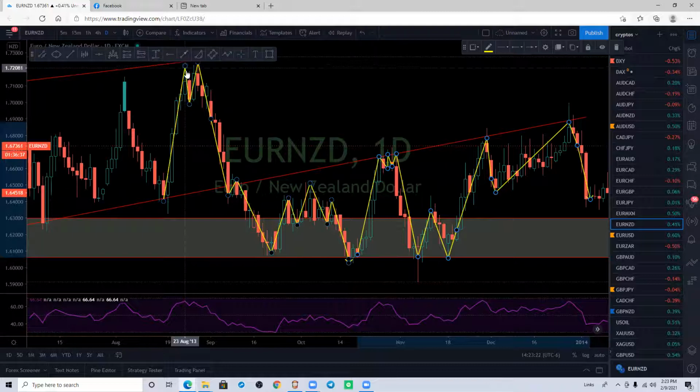So, double rejection at a trend, engulfing. This is one pattern. Double tops, head and shoulders.